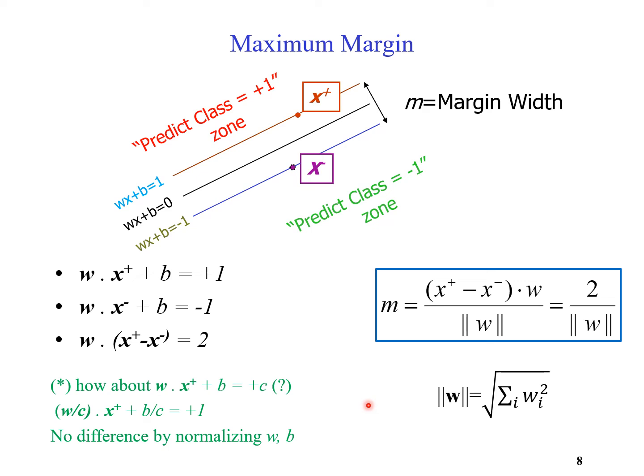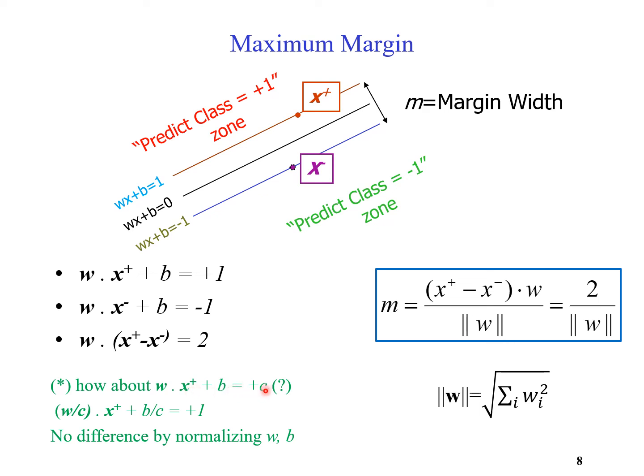Finally, you may wonder, in the beginning I assumed we have two parallel lines, and for each parallel line the right hand side is 1 or minus 1. Why does it have to be 1 or minus 1? It can be some other number like wx plus b equals c.